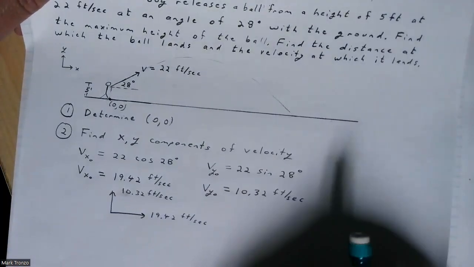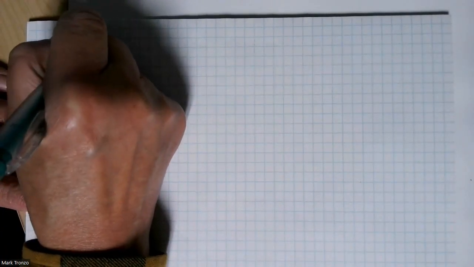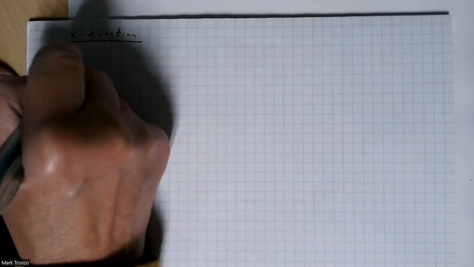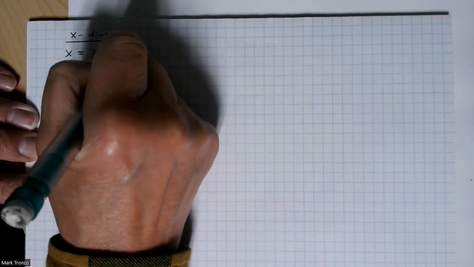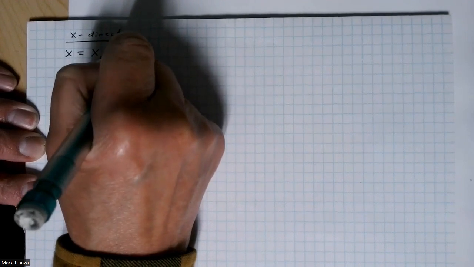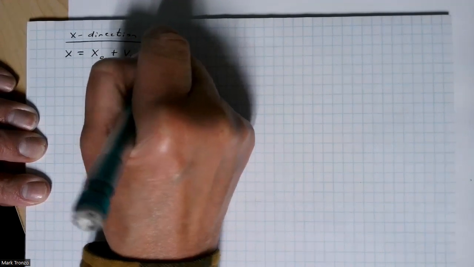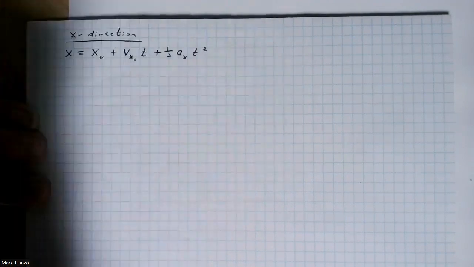We talked a minute ago about using our equations. Let me put those over here. For the x direction, we have x equals x naught plus v x naught t, or you could just put v naught because you'll know that it's for the x component, plus 1/2 a x t squared.